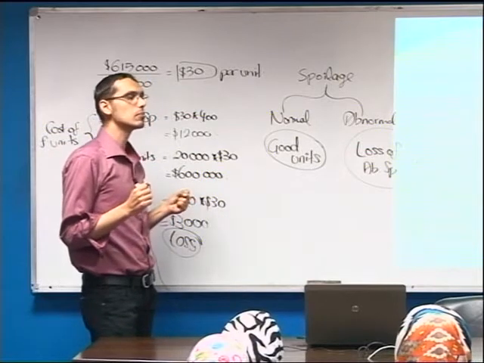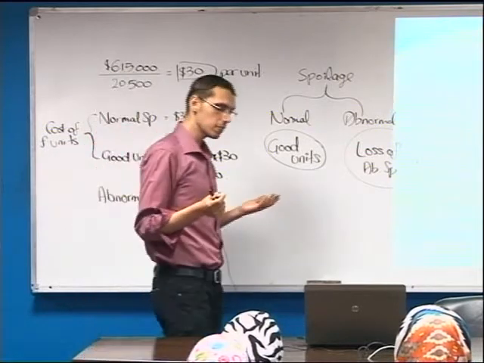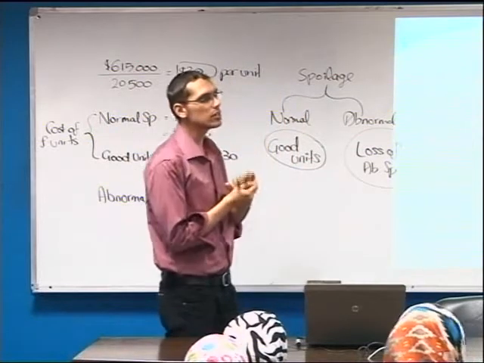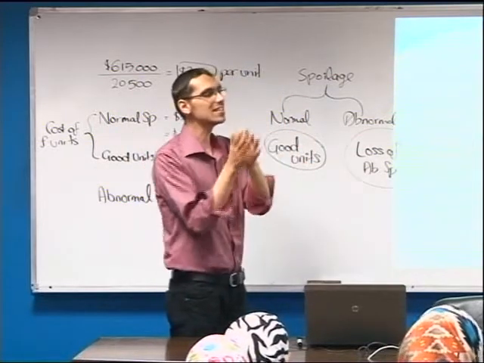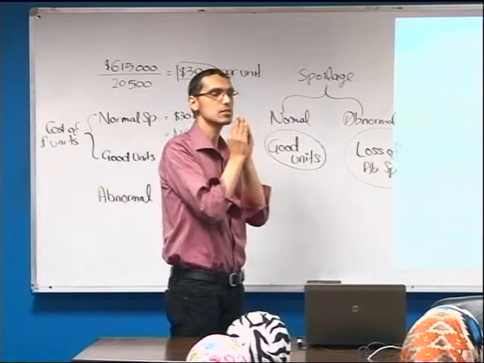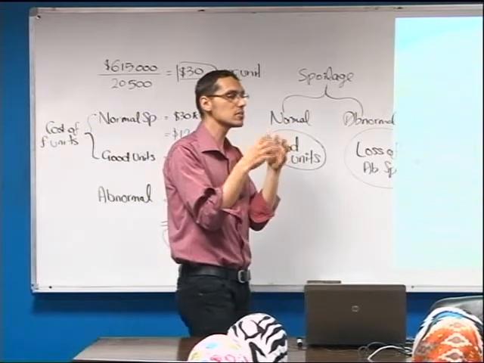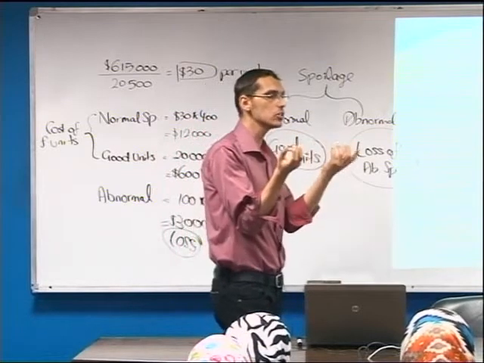So, a lot of reports or cost reports consider the normal spoilage as a percentage from good units. Why do they calculate or determine the percentage of normal spoilage from good units?